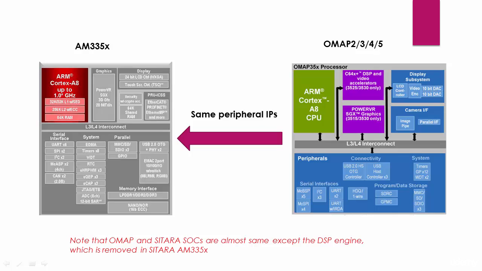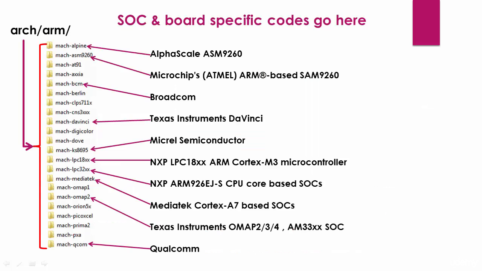So hence they still refer to the machine OMAP2 directory for AM335X. Whereas machine OMAP1 contains all the SoC shared common code to handle peripherals of the SoCs which are based on the OMAP1 family only.